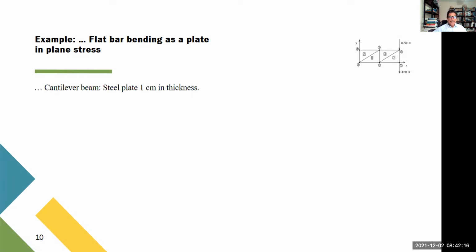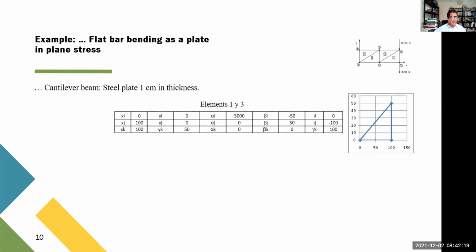So let's calculate the stiffness matrix of every element. Remember that when we calculated these betas and gammas, we had differences in x's and in y's.